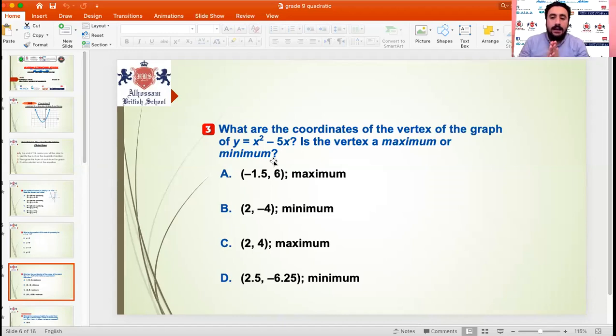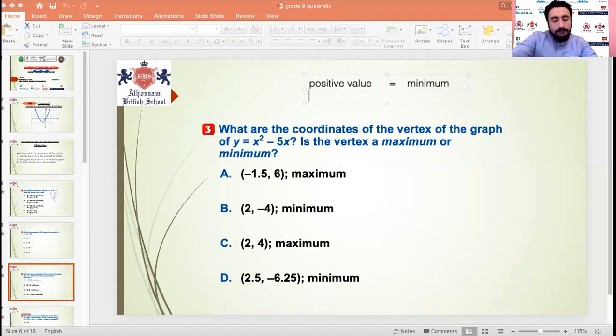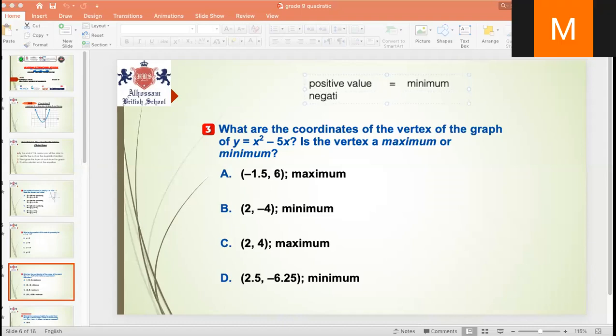If x power 2 is positive, it's going to have a minimum.